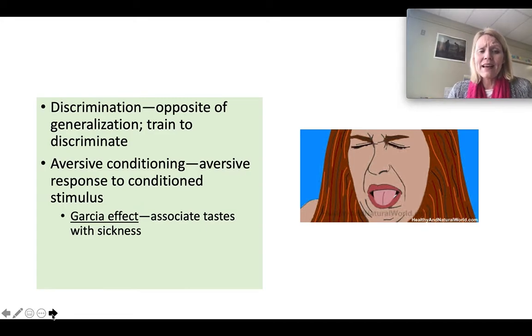And then finally, aversive conditioning. Aversive conditioning is an aversive response to a conditioned stimulus. Aversive means you don't like it. It's bad, like you have an adverse condition, like it ain't good. So you kind of see that picture. She's like, oh, that's terrible. I bet you can give me an example.